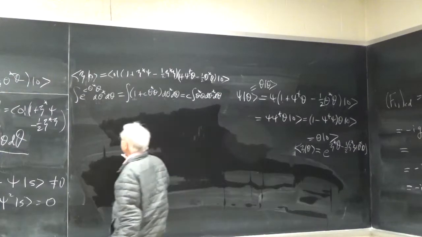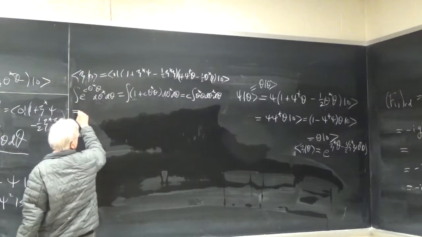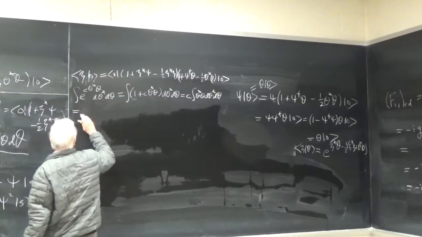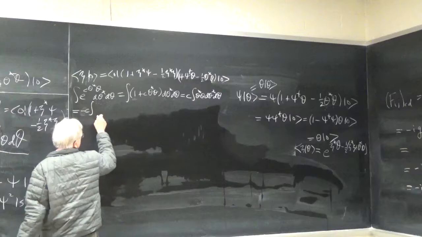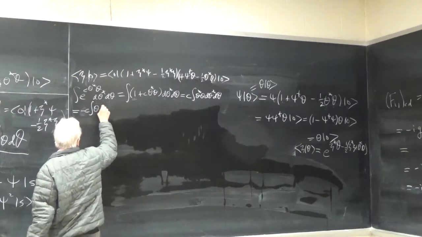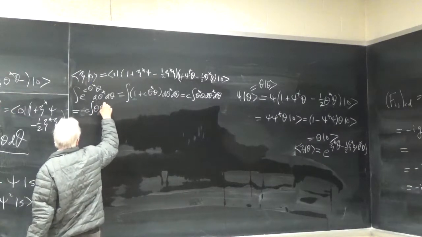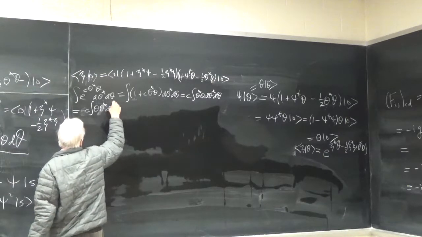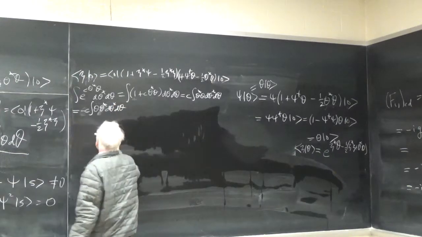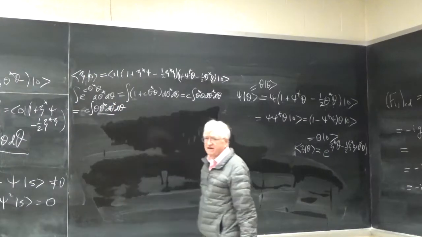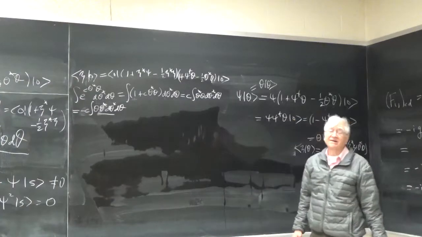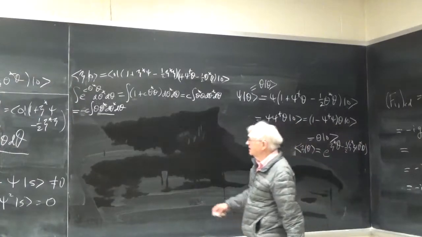And so we can rewrite that as minus c integral theta star d theta d theta. Well, theta star d theta star, that's 1.